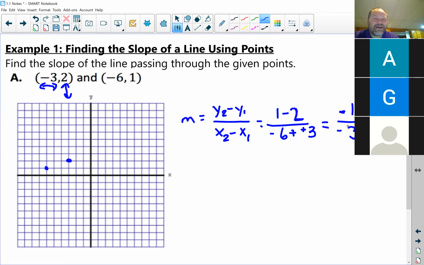It is not. If the signs are the same when we multiply or divide, our answer is positive. So this -1 over -3 is exactly the same as 1/3. And we can kind of see that if we look at the graph, and I'm going to actually draw a line in here.